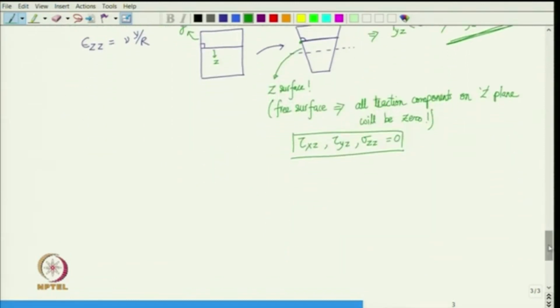So, actually if we draw more accurate representation of cross section, then the z lines are curved, and it curves in such a fashion that at the edges of the cross section it should be perpendicular, so that there is no shear strain induced on the edges, and likewise there will be no shear stress on the edges. Okay. So, these are actually curved.